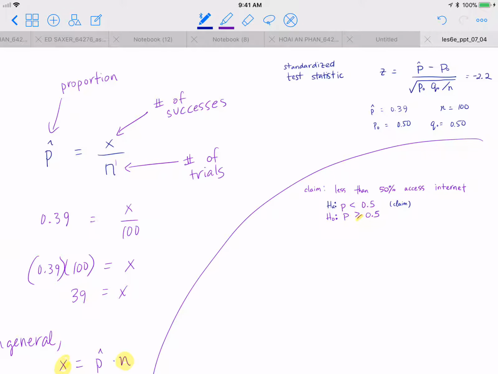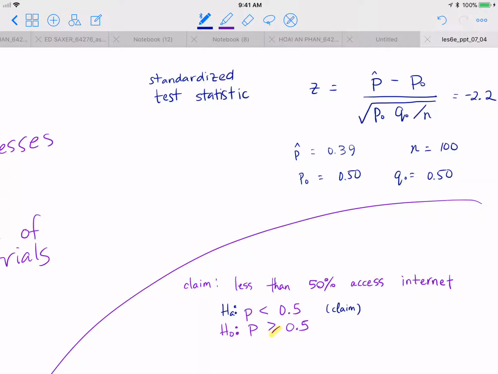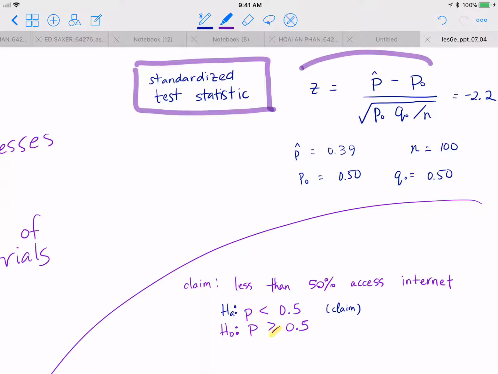So to see the formula, if you like to do it the old-fashioned way by hand, this is our formula for the standardized test statistic. Z equals p hat minus p naught divided by the square root of p naught times q naught over n. P naught is your hypothesized proportion, so it's going to be 0.5.